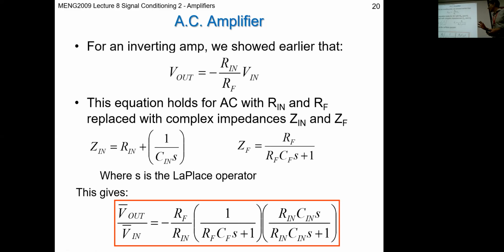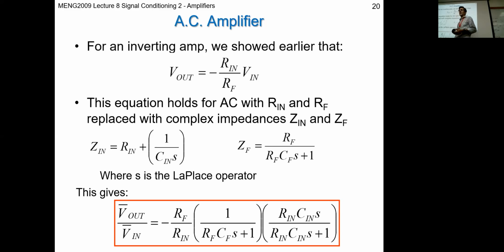And so what we end up with here, when we substitute this Zf and Zin for Rf and Rin, and we multiply out, we end up getting a relationship between our output RMS, this bar on top of the V, over the RMS input.